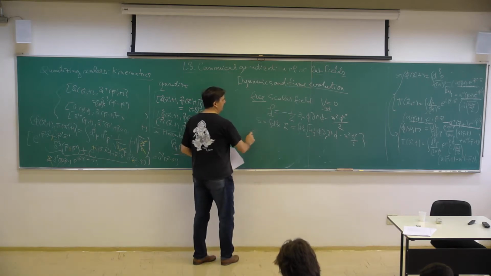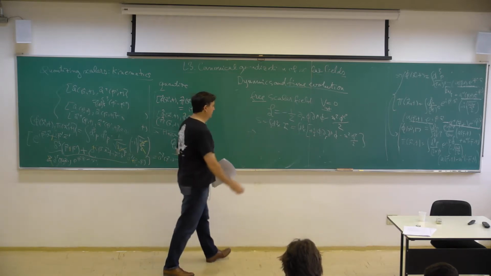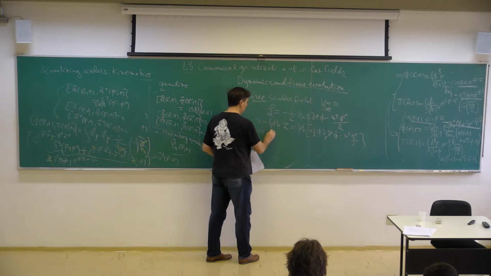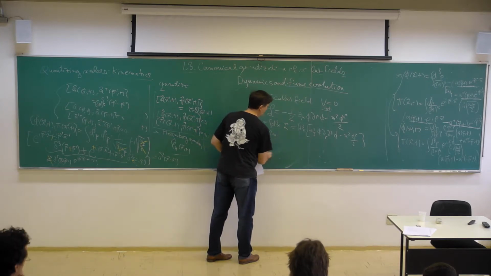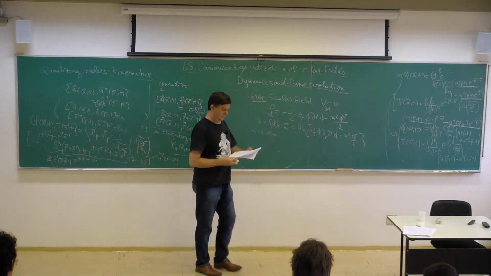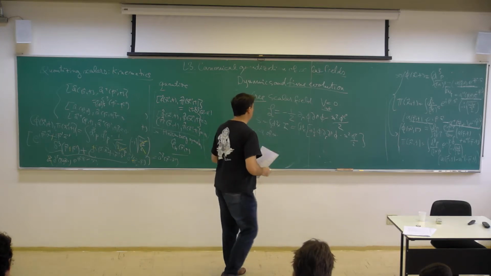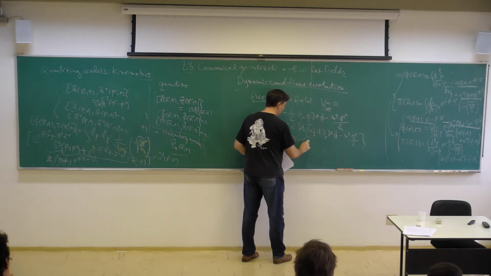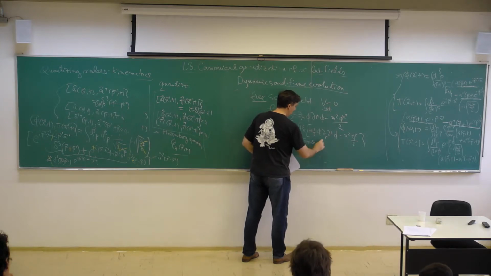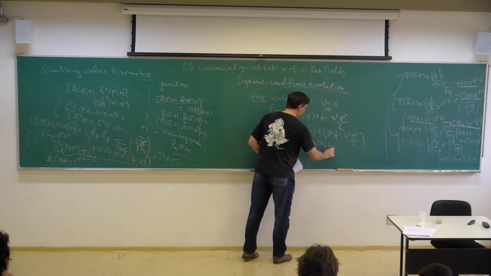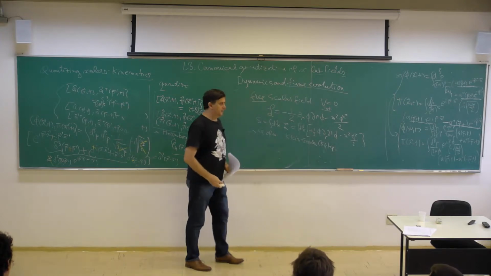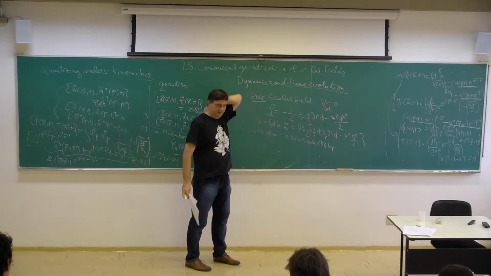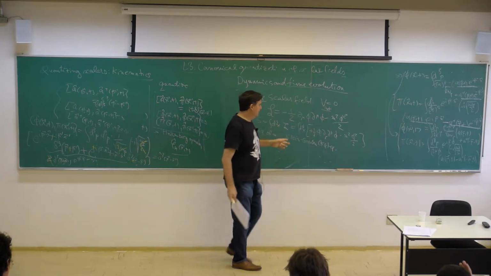And the equation of motion, the Klein-Gordon (KG) equation, comes when varying this with respect to phi. So there's two ways, right?